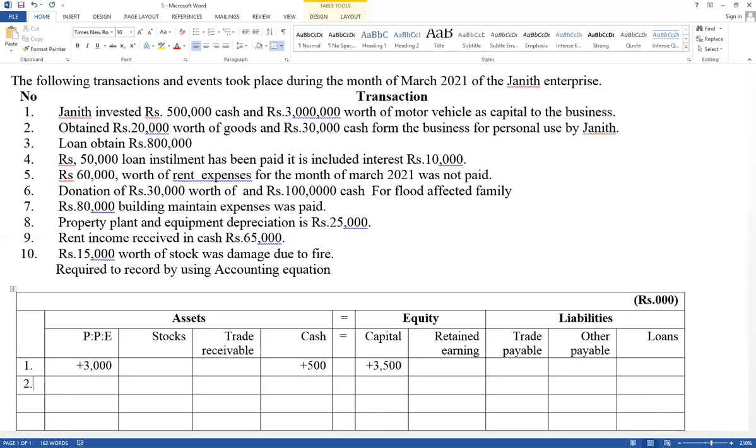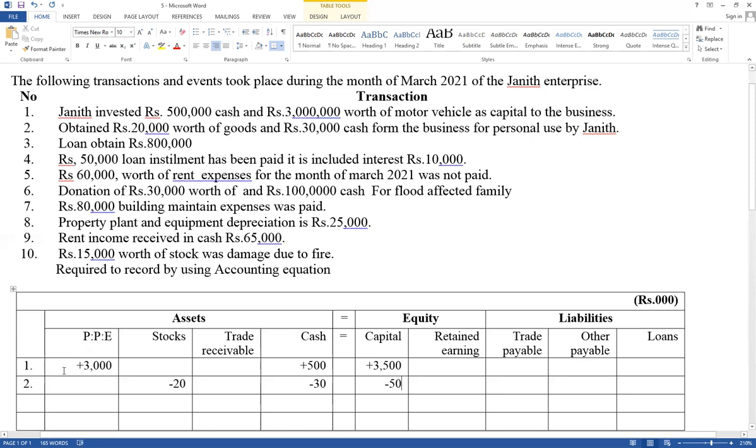In the second transaction, 20,000 worth of goods, therefore stock decreases 20. And cash drawings 30,000, so cash also decreases 30. And the effect of drawings should be recorded under the capital column. Think about equity given separately, capital and retained earnings. Therefore, under the capital column should be recorded 50 as drawings, a decrease.